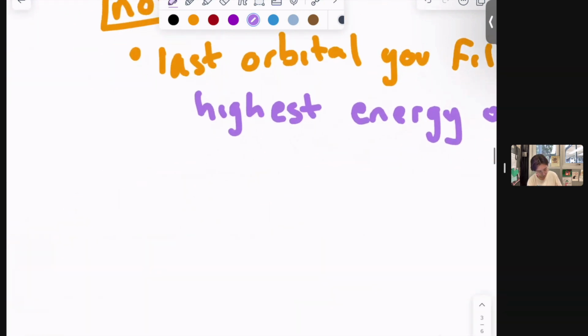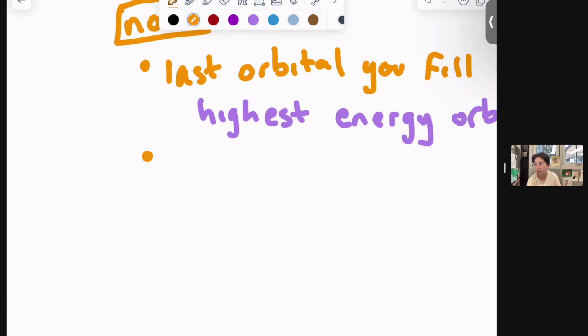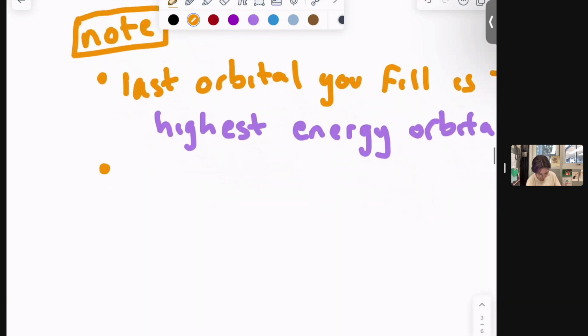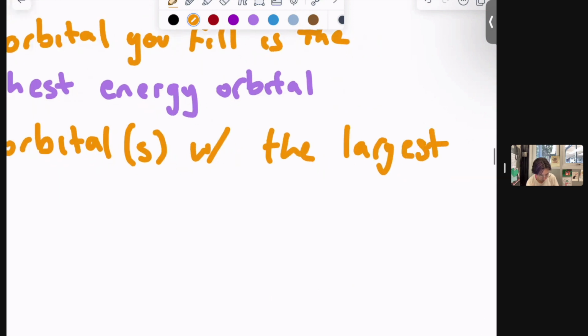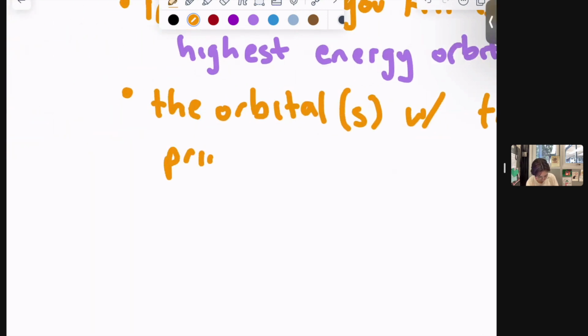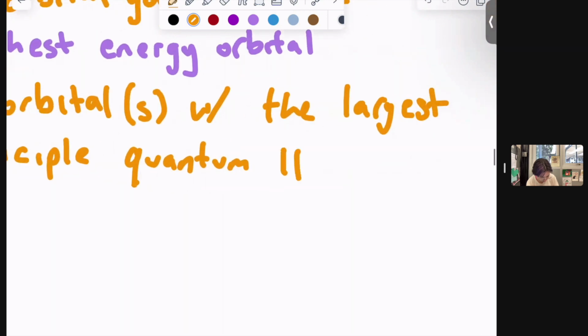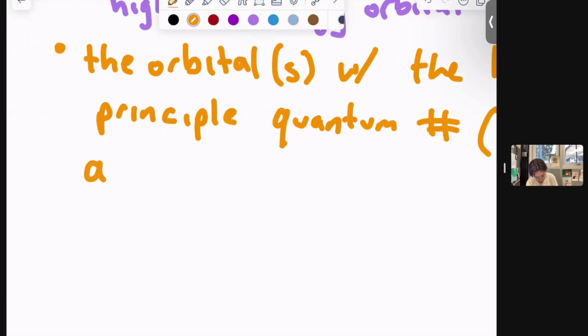The orbital with the largest principal quantum number, N, those are our valence shells.